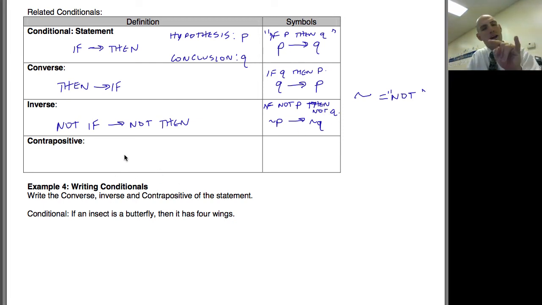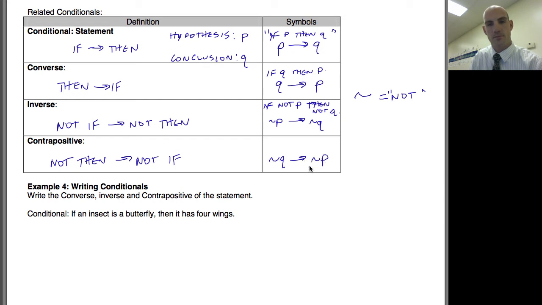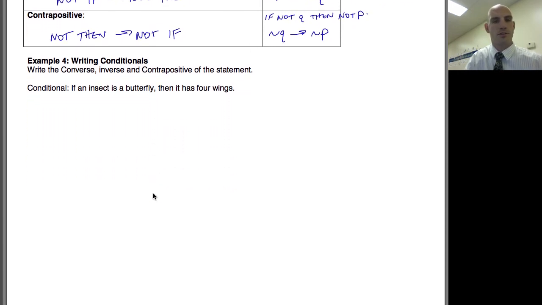Contrapositive, we're going to make it negative and flip it. So it's going to be not then, not if. So the symbols look like this. Not Q, then not P. So if not Q, then not P. We need to write a couple to see how this works.